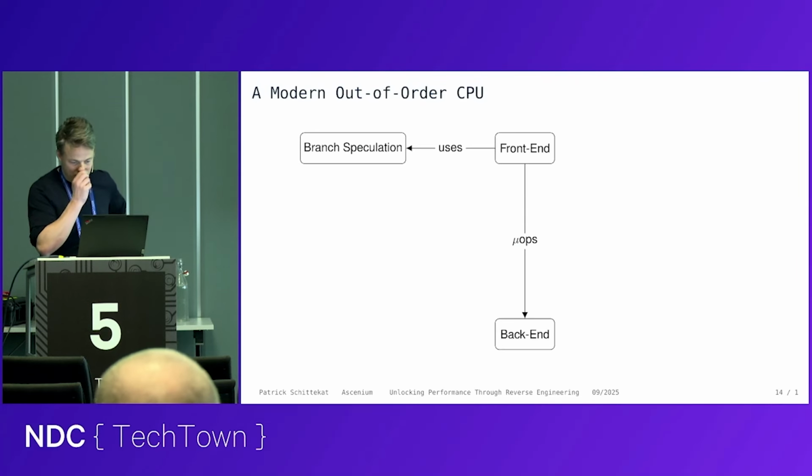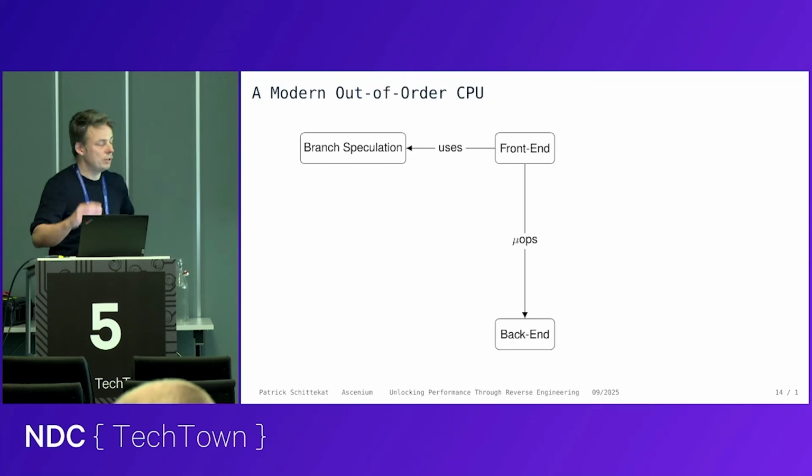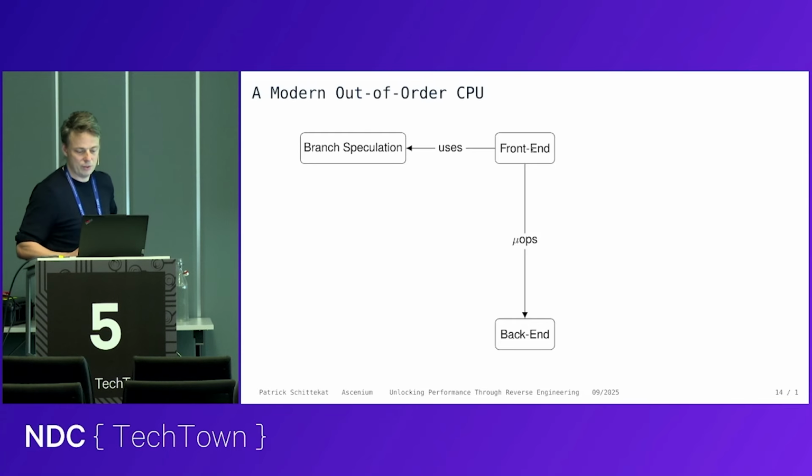The second thing that they do, here just a schematic picture from the front end. We have these micro-ops that go to the back end, and here they do it out of order. It also does branch speculation. In most of the workloads that you see, every 7th instruction is a branch, and if you wait for every branch to know its value, to know where to go, then you will also stall a lot.